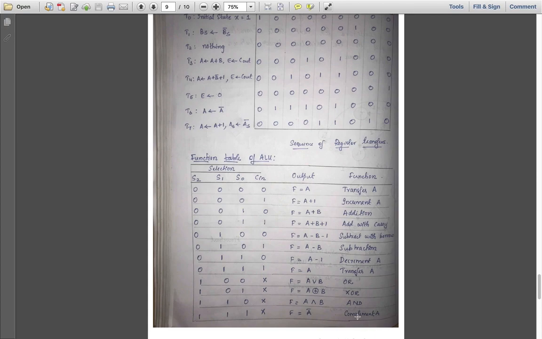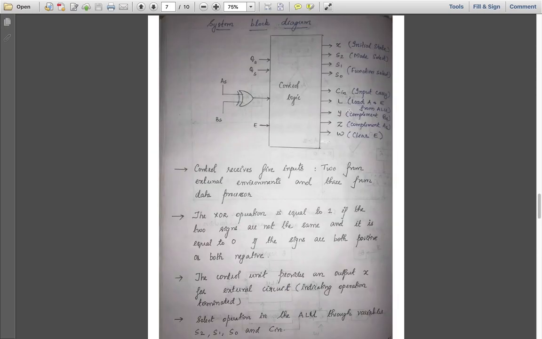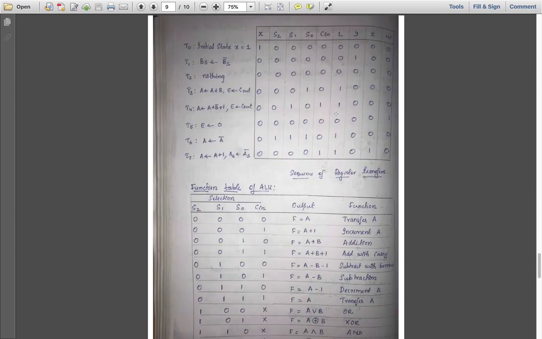For complement of A, you have to set S2, S1 and S0 to 1, and L is also loaded with 1, because for loading the accumulator and E from ALU you require L to be set to 1. After complementing, you need to load it back to A, right? That is the reason why L is set to 1.